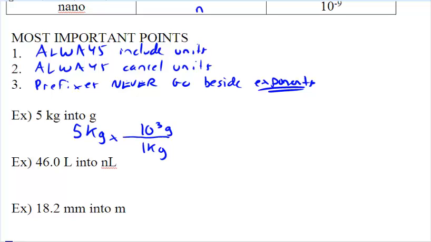As you can see here, by changing it from kilograms into grams, we're going to have 5 times 10 to the 3, which is 5,000 grams. So in order to make sure that we have it set up right, the reason why I knew kilograms would go on the bottom is that we know in math if there's the same thing on the top and the bottom, it's going to cancel. So our goal is to get out of kilograms and into grams. The only way we can do this is by canceling those units.